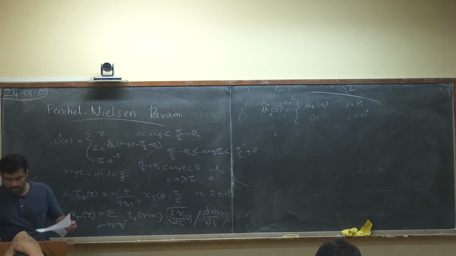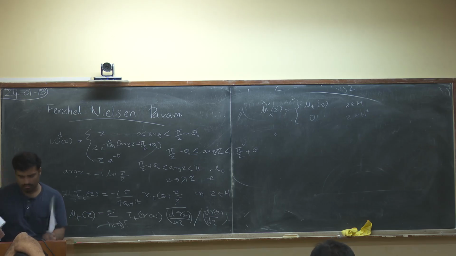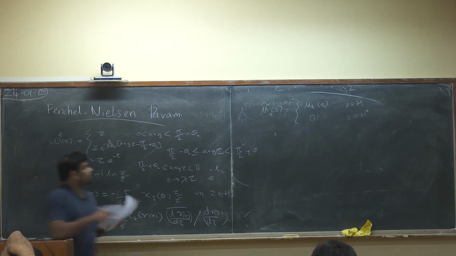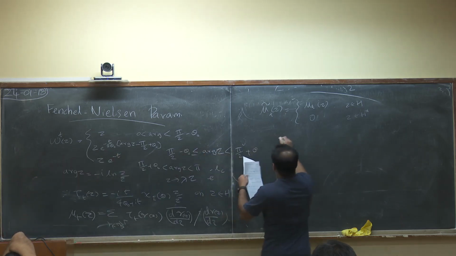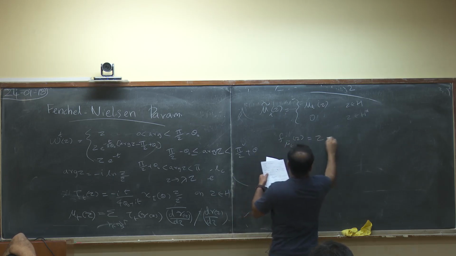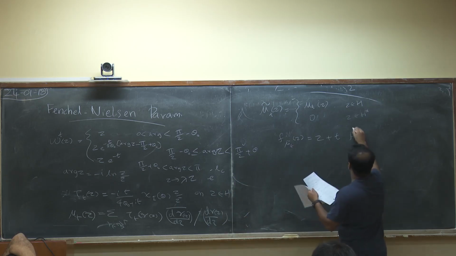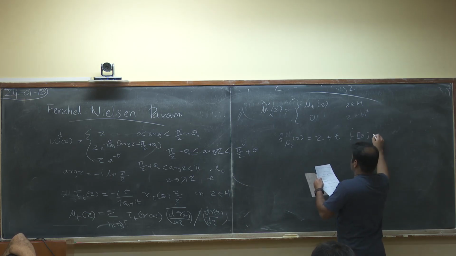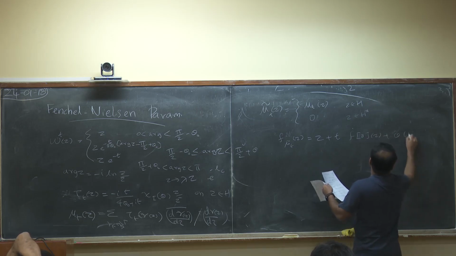By just solving it, the answer looks like this. The quasi-conformal transformation f mu tilde t c is given by c plus t f dot nu c plus order t squared.